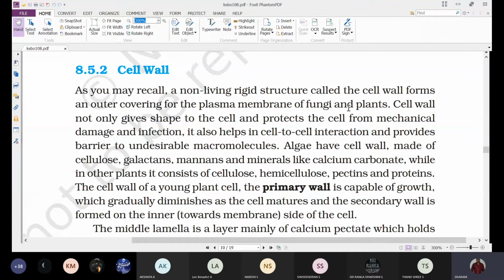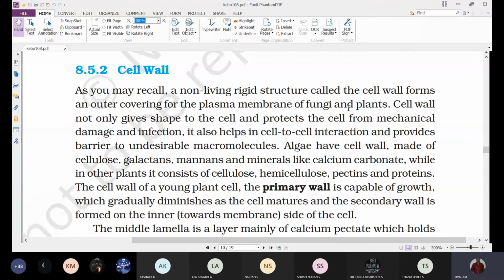Outside the plasma membrane. And next, the cell wall not only gives shape to the cell, but also protects the cell from mechanical damage and infection, because the cell wall is so tough. It is a hard and tough layer. That's why it will give shape and also provide mechanical support to the body and protect the cell from mechanical damage and infection.